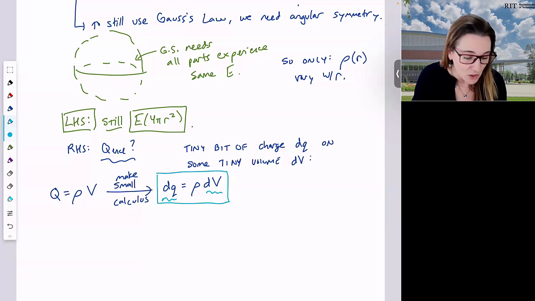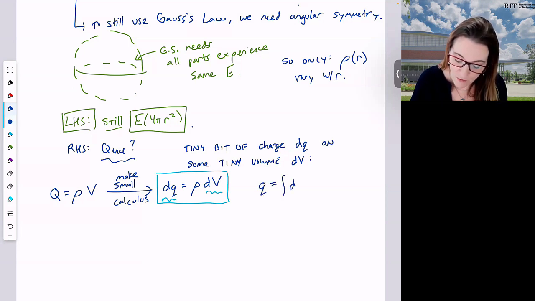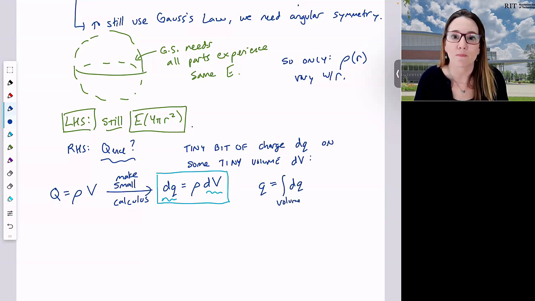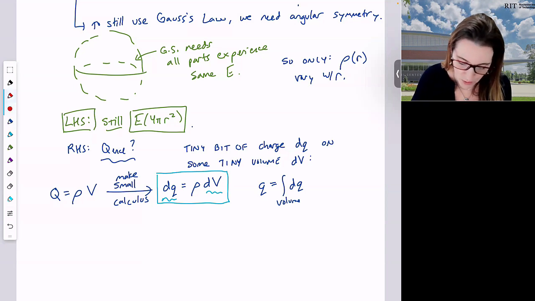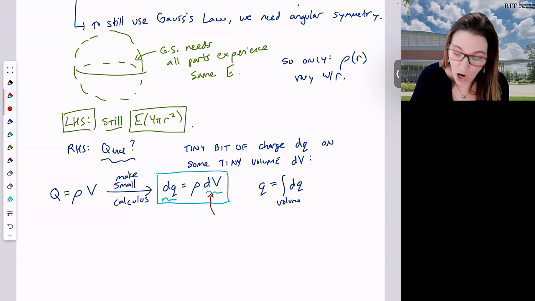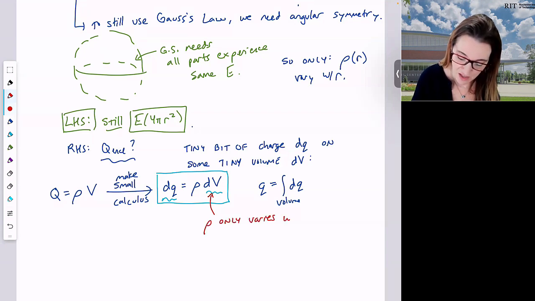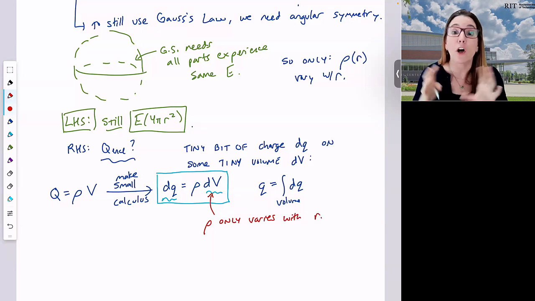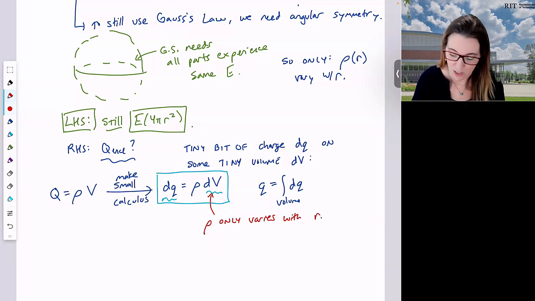And if we had dq, we could get the total Q by adding up over that volume all of my little dq's, right? So what am I going to use for dV? Because rho only varies with r in these cases, for us, again, because we need that angular symmetry.